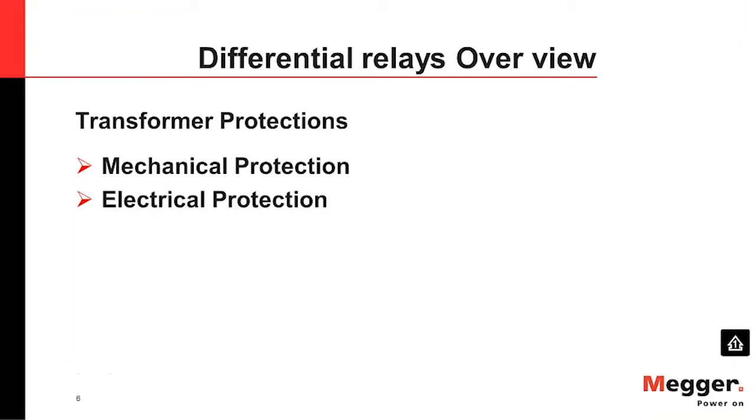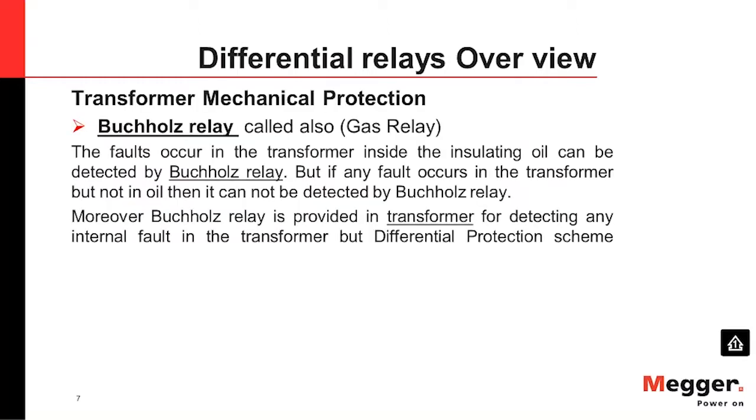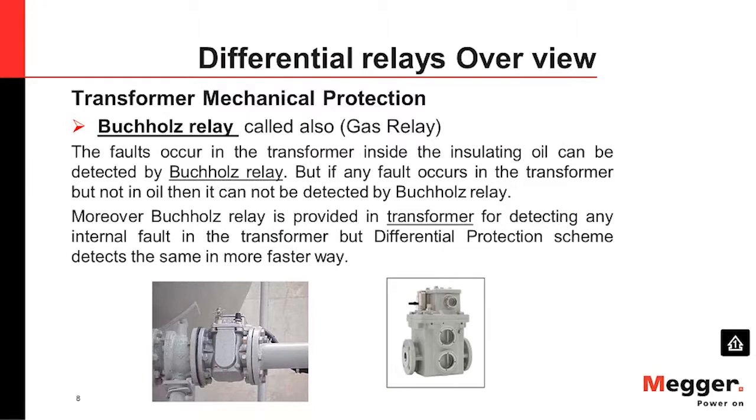We have 2 major things we are going to talk about, which are the mechanical protection of the transformer and the electrical. I'll go through the mechanical protection very fast, just to show you what we have in the transformer, especially our transformers. The main relay is the Buchholz relay, or what we call the gas relay.